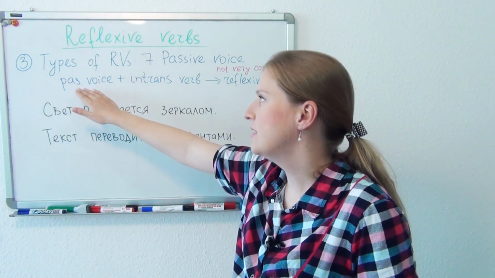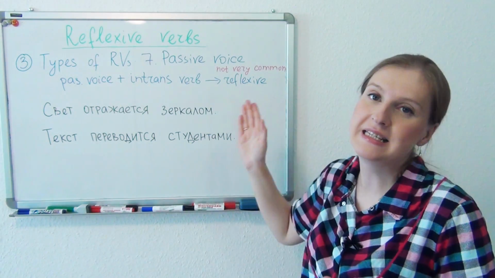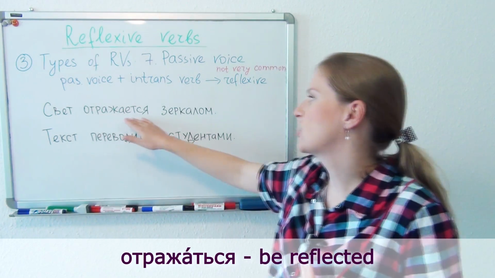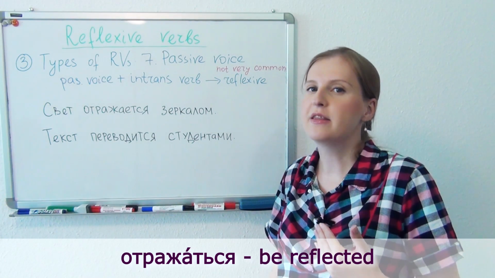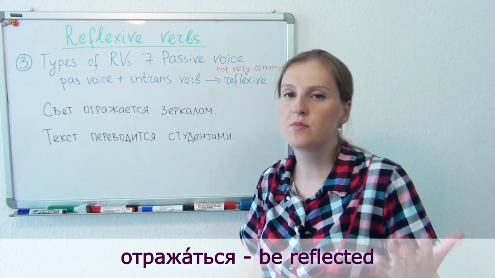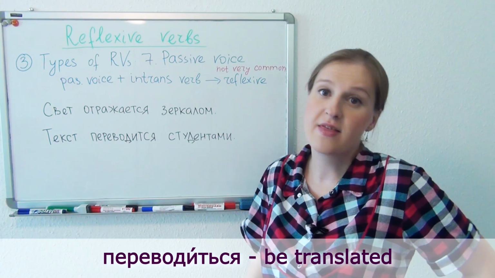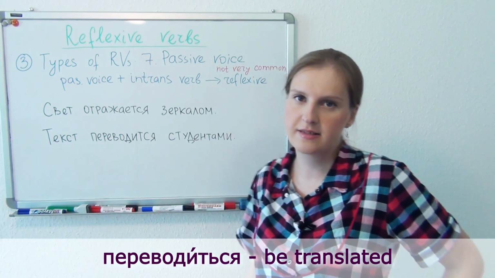Here, when we need to use passive voice and intransitive verbs, we need reflexive verbs. Свет отражается зеркалом. The light is reflected by the mirror. Отражается. So passive. Текст переводится студентами. The text is being translated by the students.